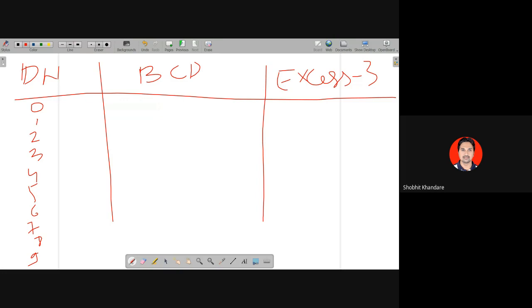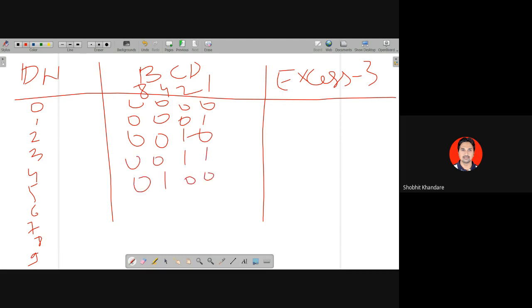So tell me the BCD number for 0. It is 0000 because it is following 8421 code. For 1 it is 0001, then 0010, 0011, 0100, 0101, 0110, 0111, and the last one is 1001.